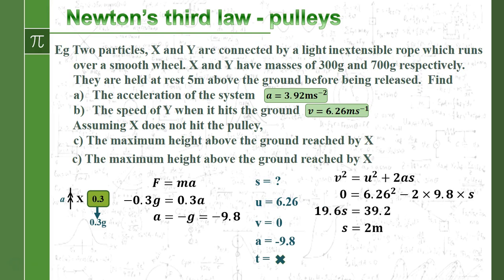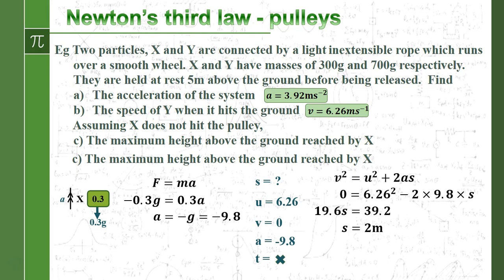As it turns out, our displacement is 2 meters, i.e. X is going to continue upwards for 2 meters before it stops and starts coming back down. Now, the question is, is our answer to the question, S equals 2 meters? Hopefully you'll realise the answer is no, because we've got to think very carefully about what's happening.